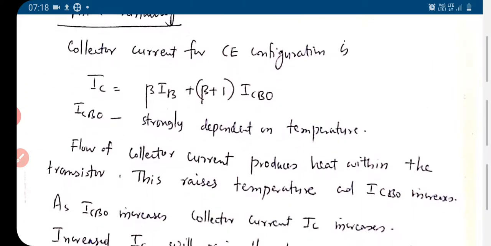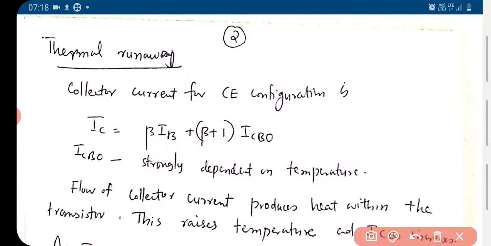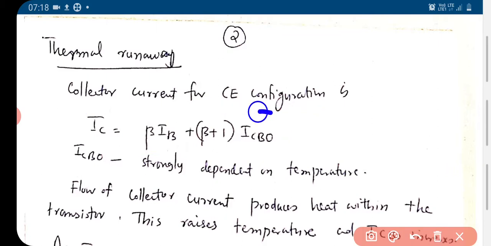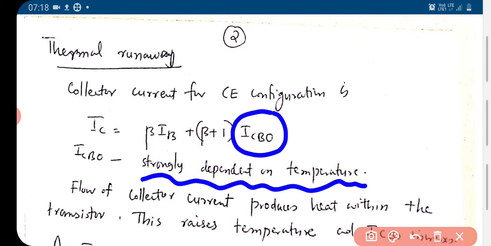Here we see for a common emitter configuration, IC can be written as beta IB plus beta plus 1 ICBO, the leakage current. We have seen this equation before. This ICBO strongly depends on temperature.